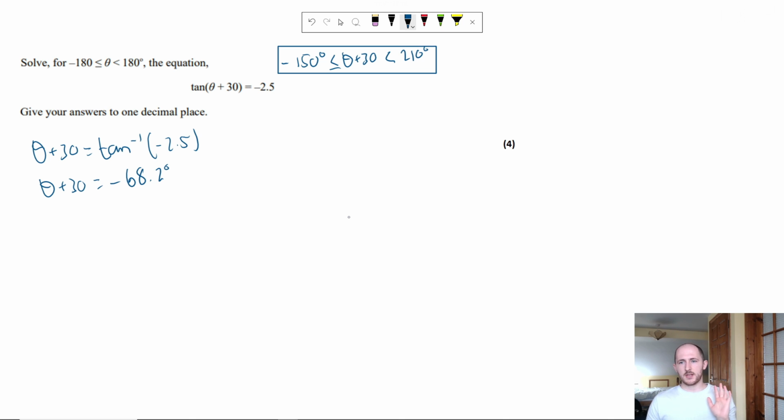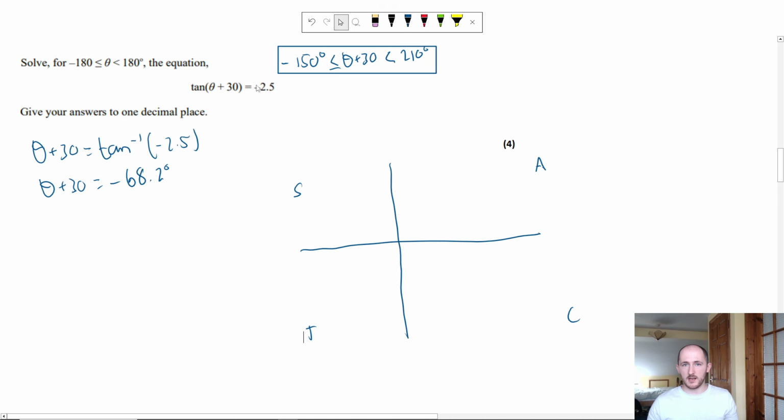Okay? So there are a few things in here which are a bit spooky. First of all, it's a negative answer. Second of all, it's a negative angle. So let's draw our CAST diagram out before we go any further, because that is what we should always do. Because it's a negative answer, you would be right in saying we need to put it in the areas where tan is not positive.